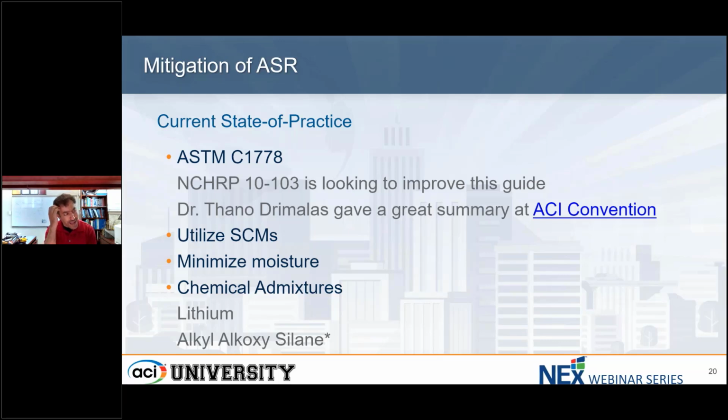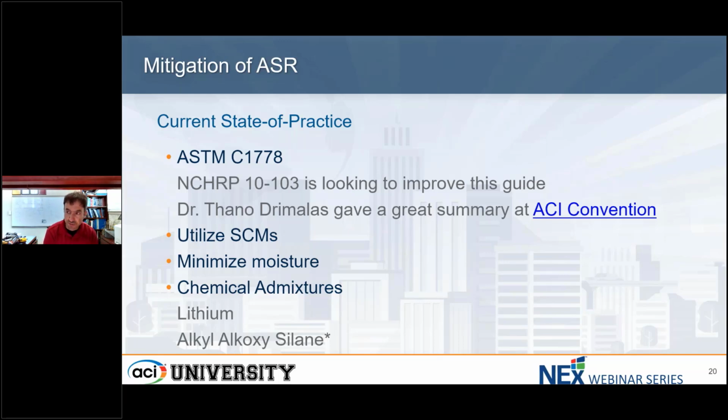Now, in the past, there has been success shown with lithium nitrate admixtures. In a sense, it kind of poisons that gel from forming. It doesn't allow it to form in the way that is expansive. And those have been shown to work usually.